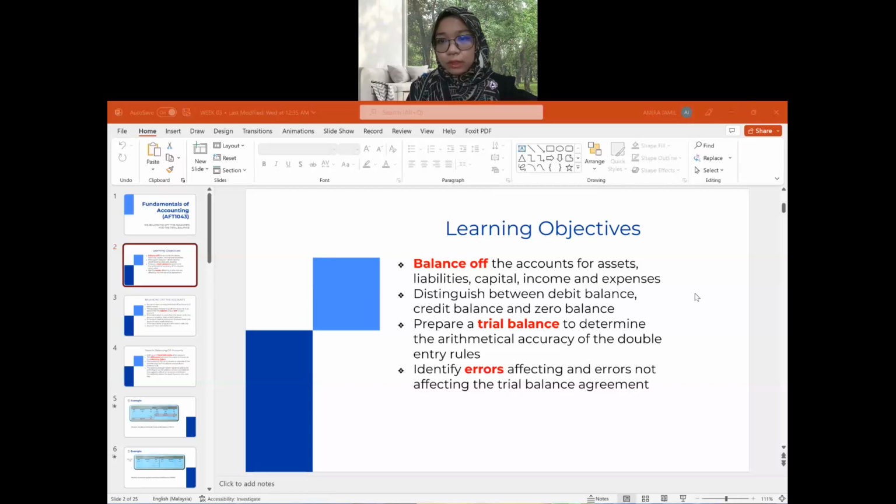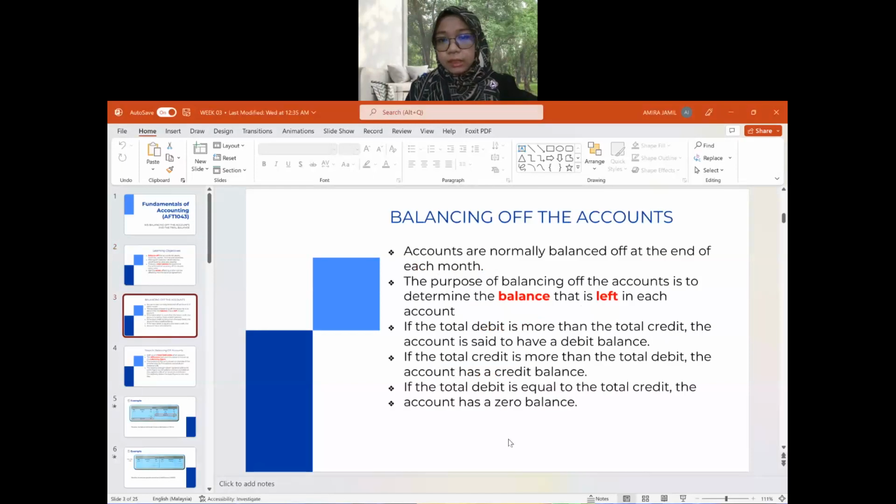So when your trial balance is not balanced, for the debit side and the credit side, it means you have incurred some errors in your journal entry, or in the process of transferring the journal entries to the T account ledgers. So first, how to balance the account. The accounts are normally balanced off at the end of each month.